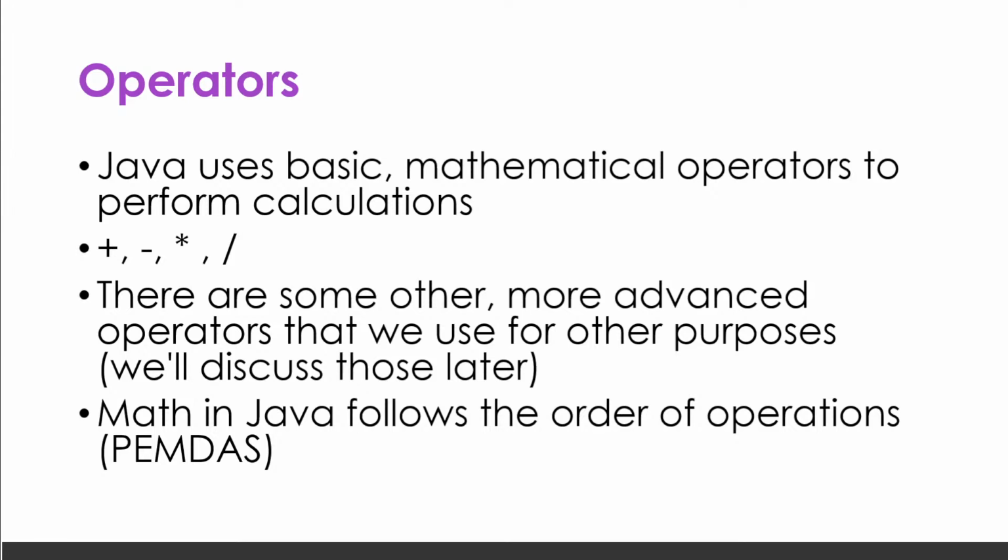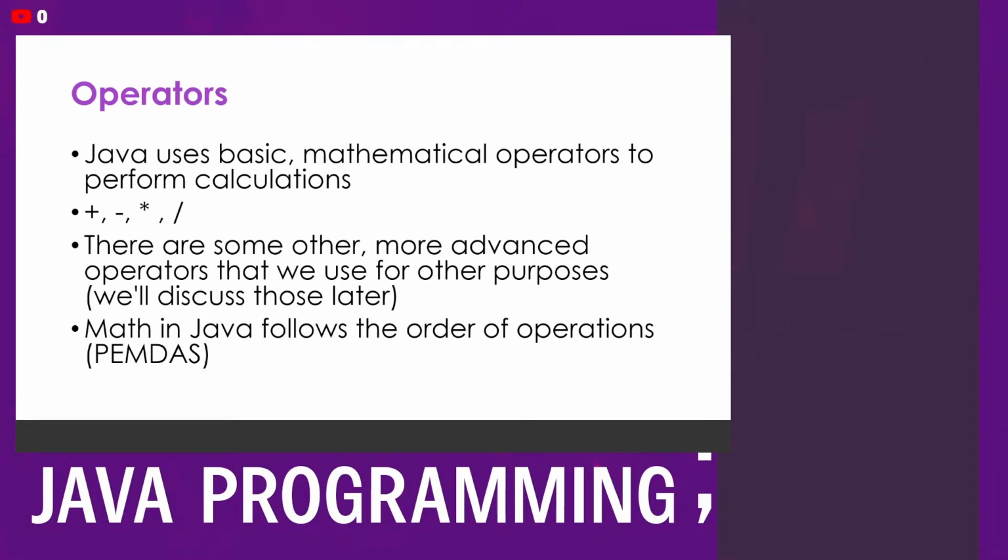And so for the time being, at least, when we're talking about operators, we're just talking about the basic mathematical operations. Right? We're just talking about arithmetic operators. We'll introduce some more advanced operators in the next module that'll help us do some different stuff. But for now, we're just going to use plus, minus, multiply, and divide.